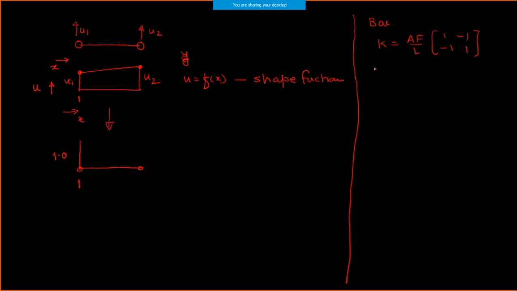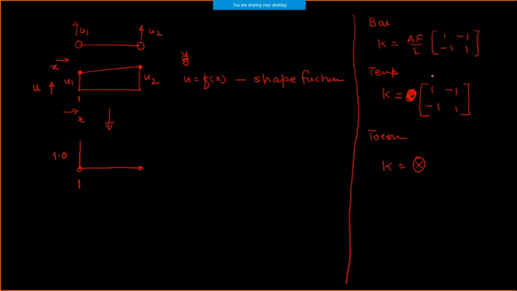If I am going to do a temperature analysis, the stiffness matrix, which is also called a conductivity matrix, will also have 1 minus 1 minus 1, 1. If I am going to do a torsion analysis, I still get this matrix, only the constants will be different.